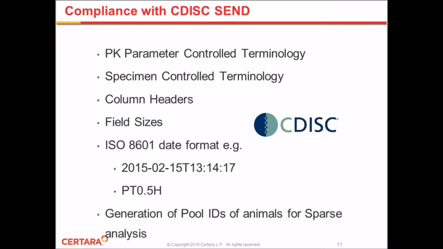Certainly for the PK parameters and also things like specimens, there's a controlled terminology, which means that you have to report PK parameters and specimen labels in a certain way. You can't just provide what comes straight from your LIMS machine or straight out of a Phoenix NCA object. It has to be converted into a controlled terminology.